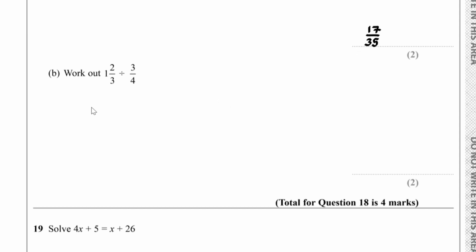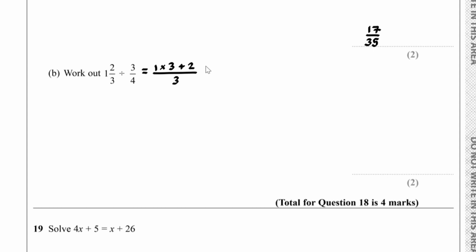For the next part, we have to work out 1 2/3 divided by 3/4. Well, what we need to do is convert the 1 2/3 into an improper fraction. To do that, we would have the 1 multiplied by the 3 plus the 2, and then I'm dividing that by 3.